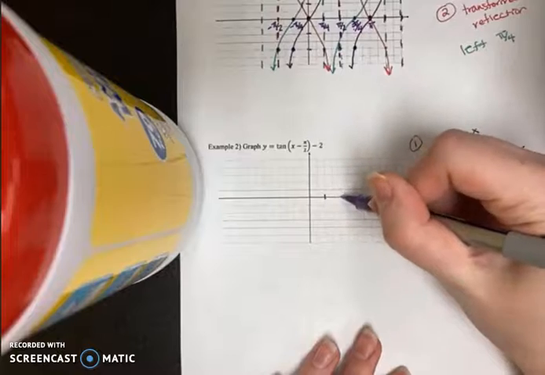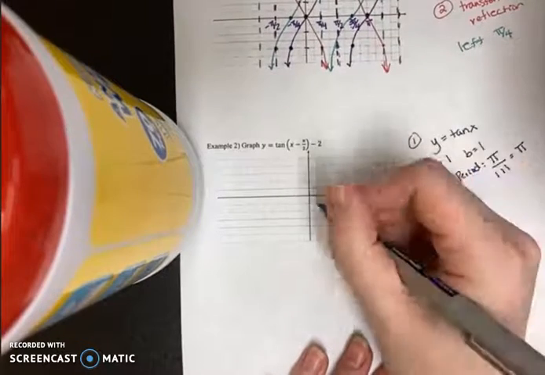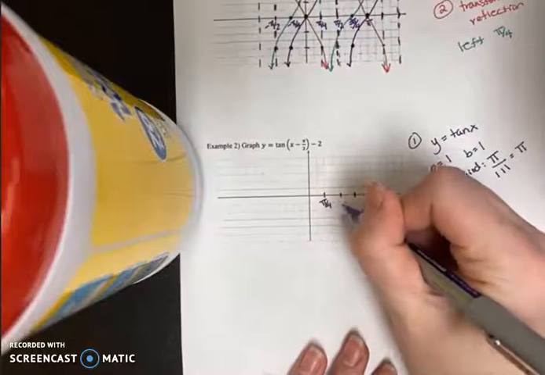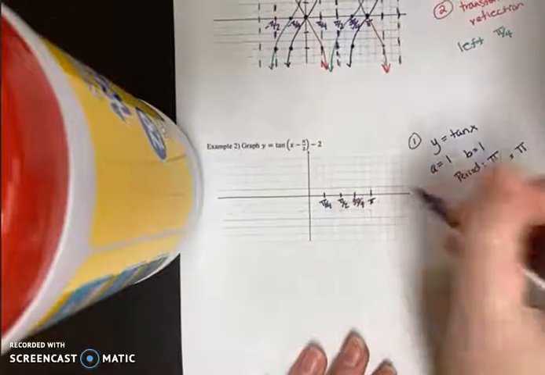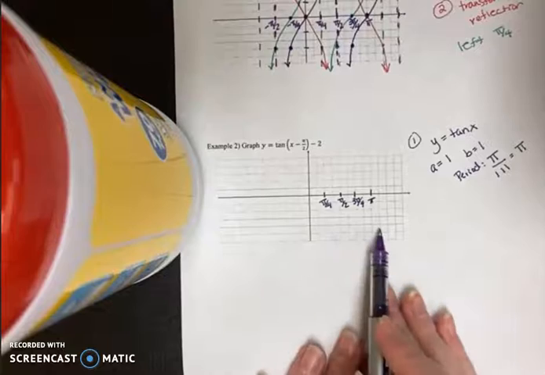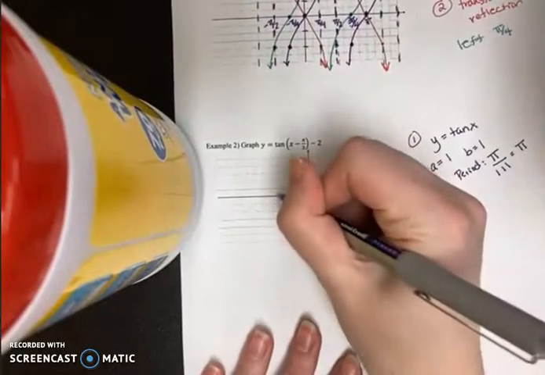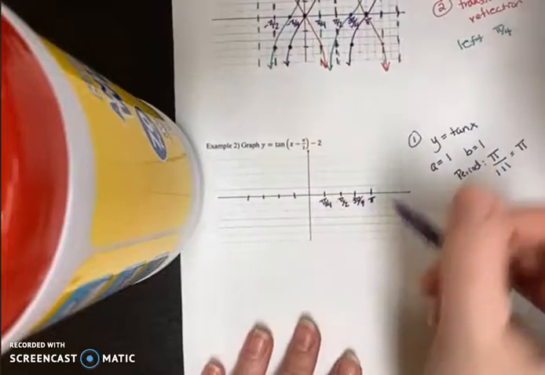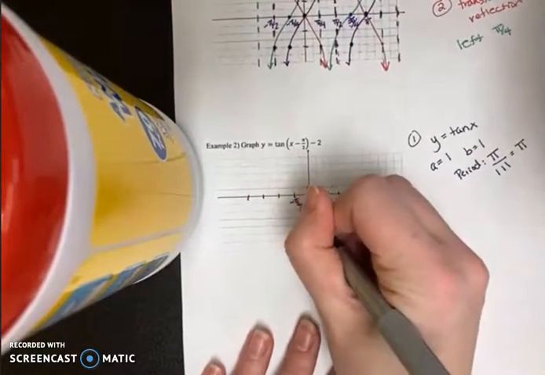We could set it up the same way just to keep in that habit of 1/4, 1/2, 3/4. But instead of just doing the right-hand side, I'm also going to do the left-hand side. It's just going to be the negative values of what we just labeled. So if this is 1 pi over 4, this is negative 1 pi over 4.